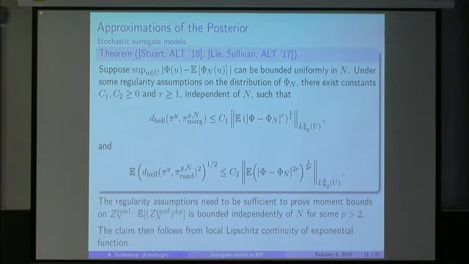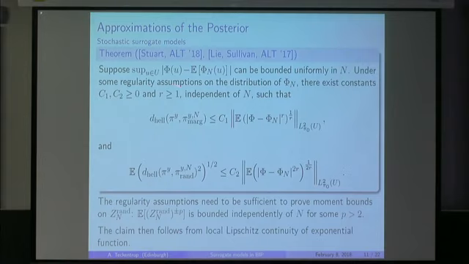on the normalizing constant. What you really need is to be able to show that the expected value of the normalizing constant raised to both positive and negative powers is bounded, so it has to be finite, and moreover it has to be bounded independently of n, and you need to be able to do that for some p greater than 2. That is really the crucial thing, and that is what I mean by these regularity assumptions here.